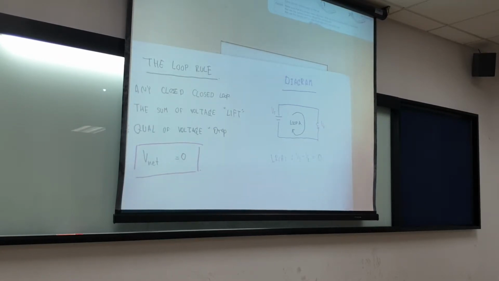And that's how we apply the rule. By the way, Kirchhoff's loop rule, like the junction rule, has a physical root in a conservation law, namely the principle of conservation of energy.